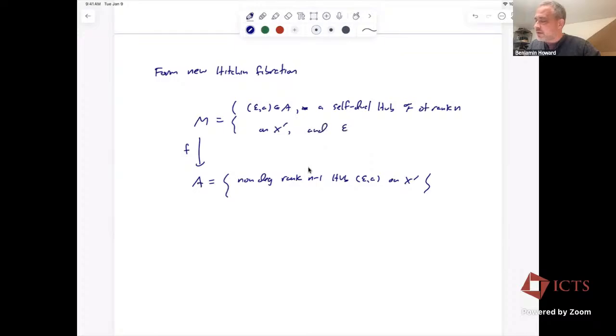And then a map from E to F, respecting the Hermitian forms.